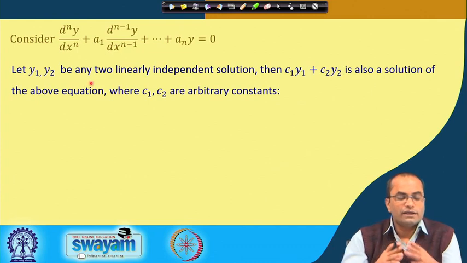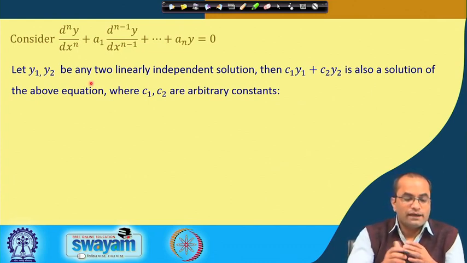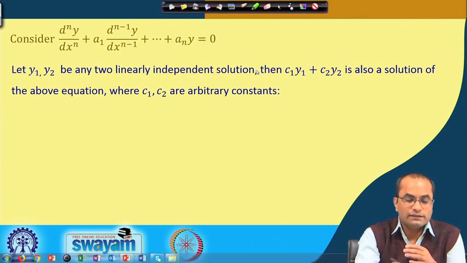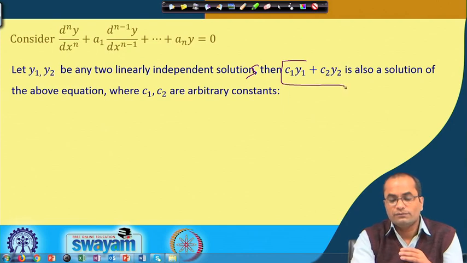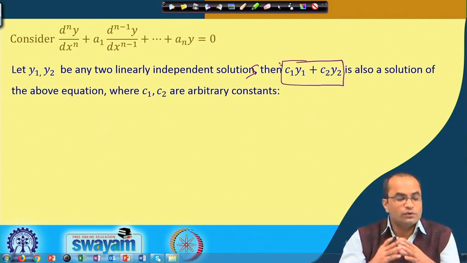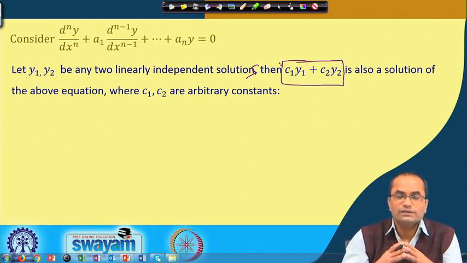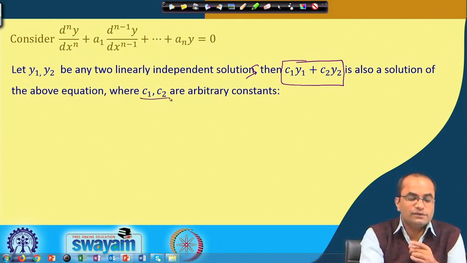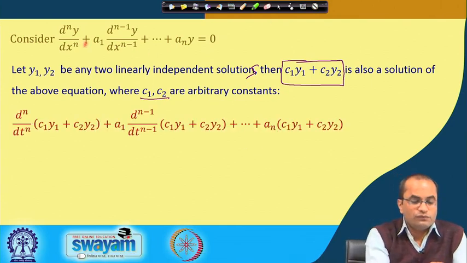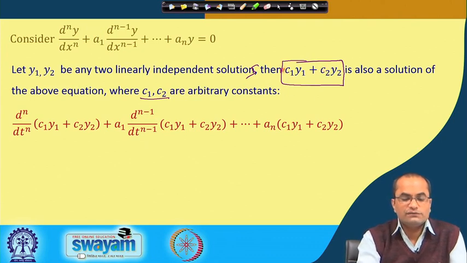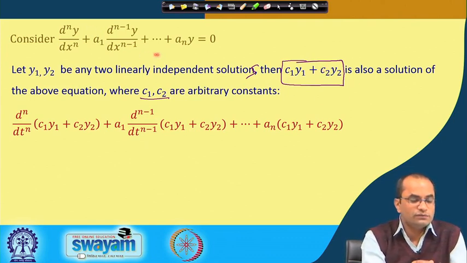So, here y1 and y2 are 2 linearly independent solutions, and in that case c1 y1 plus c2 y2 is also a solution of the above equation. This we will see now, for any arbitrary constants c1 and c2. So, what we have to do is just substitute c1 y1 plus c2 y2 into the equation.